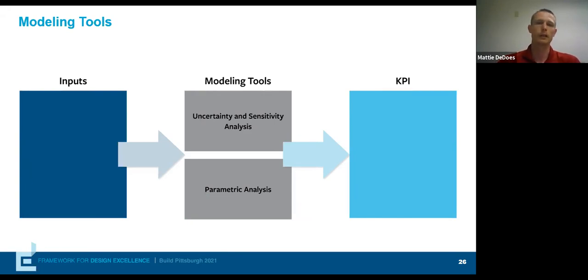We run the energy model of our building hundreds of times, letting all those inputs vary across their ranges. And then we analyze all those runs together to see which of those variables had the largest effect. And parametric analysis is really just a simplified version of this, where we hone in on one variable at a time.